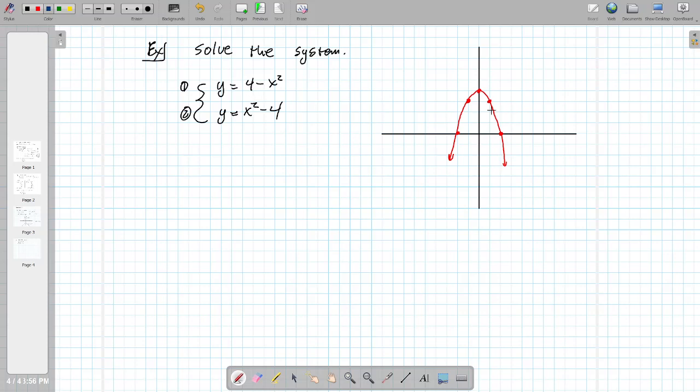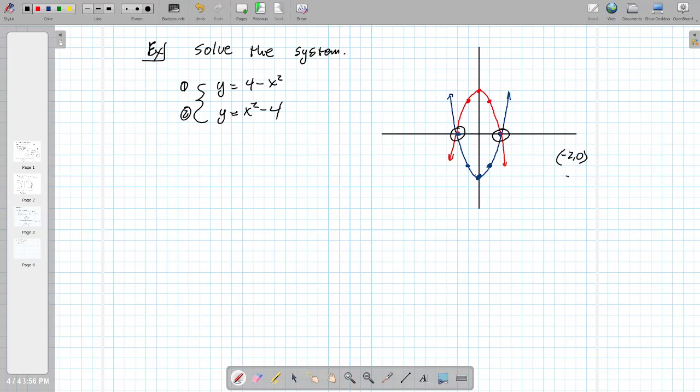And then for equation 2, this is the parent graph, but shifted down 4 units. 1, 2, 3, 4. Y-intercept of negative 4. So we can already see where we're going to have our solutions at negative 2, 0 and at 2, 0.